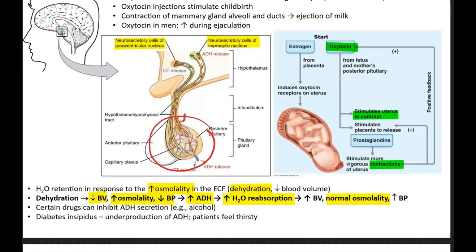If you, for instance, donate blood and your blood volume decreases, you're going to produce antidiuretic hormone, which will stimulate kidneys to reabsorb water, increasing your blood volume and blood pressure. Another function of ADH is the constriction of blood vessels, which contributes to the regulation of blood pressure, but we're not going into these woods so far.